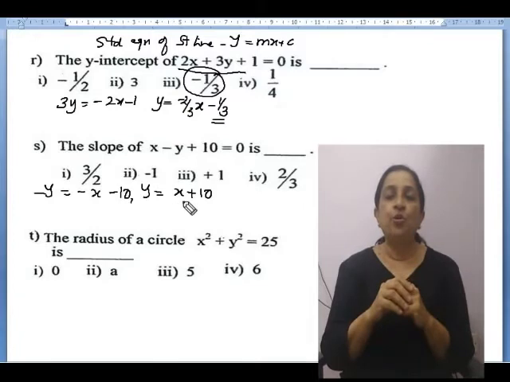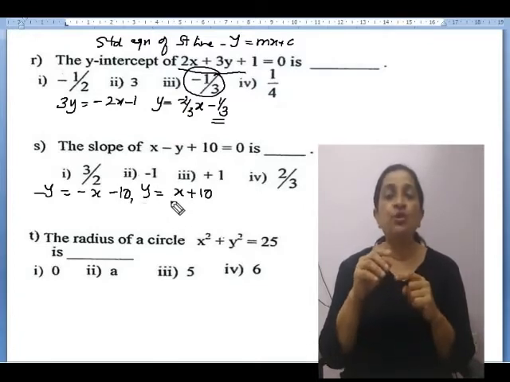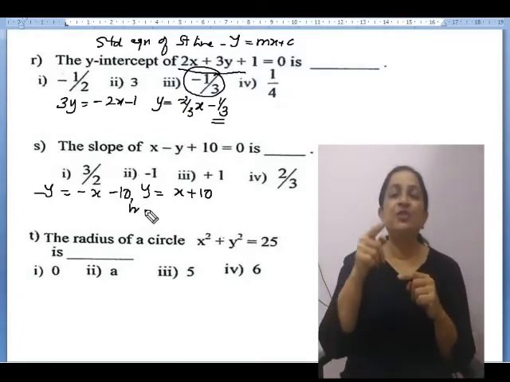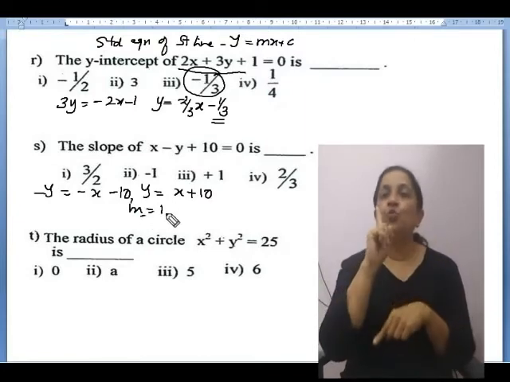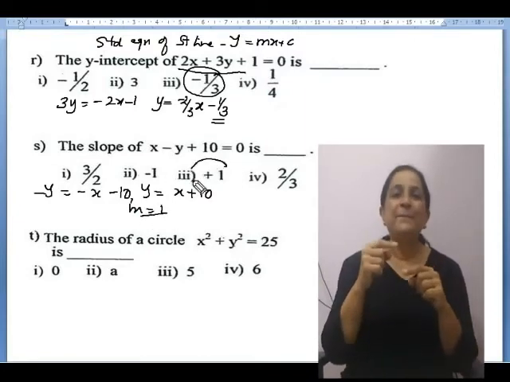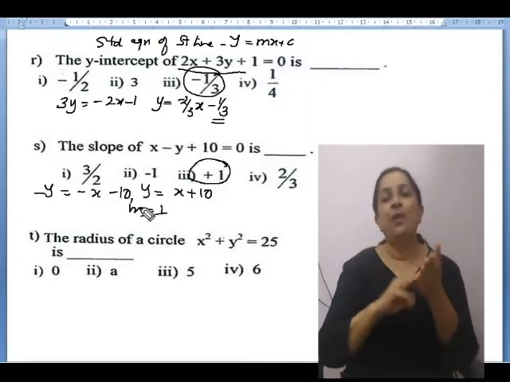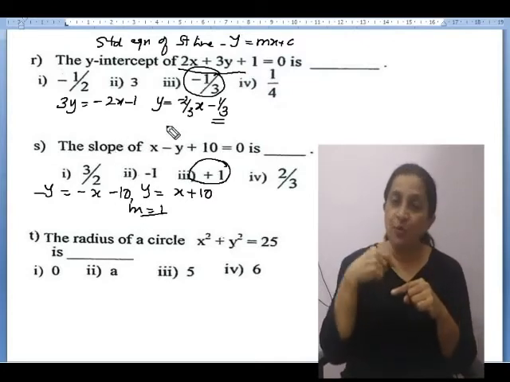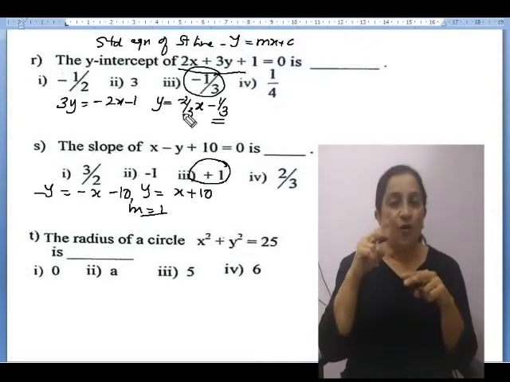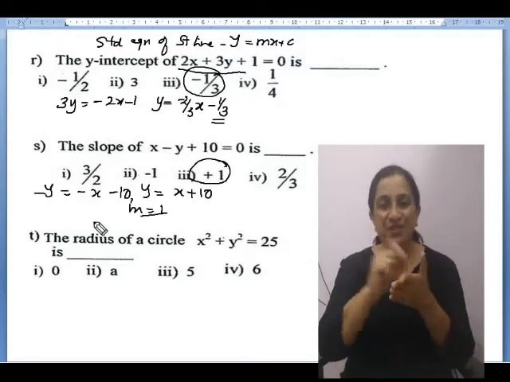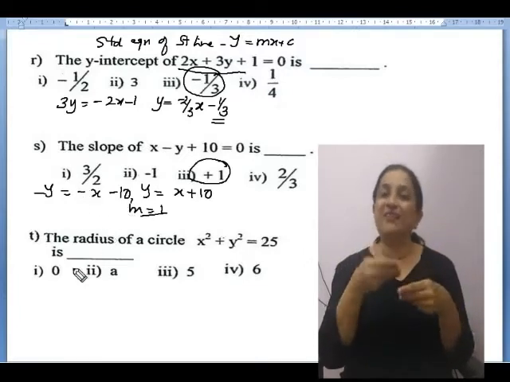So if you compare with y equal to mx plus c, then m is equal to 1 here. So this is the answer. Always bring it to y equal to mx plus c, even if you go wrong, they will give you half marks.